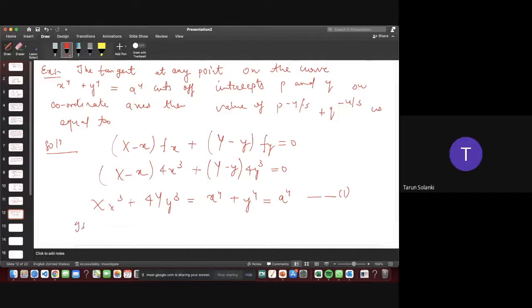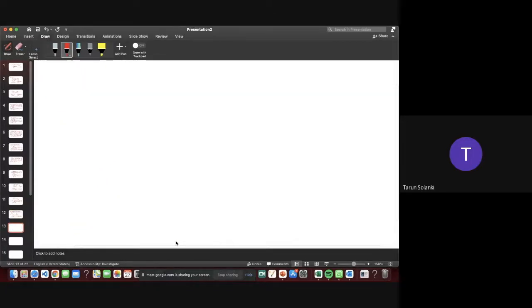So if the intercepts are P and Q, meaning P,0 and 0,Q, which lie on equation 1, what we will get? We will get P x1 cube is equal to a^4, Q y1 cube is equal to a^4.